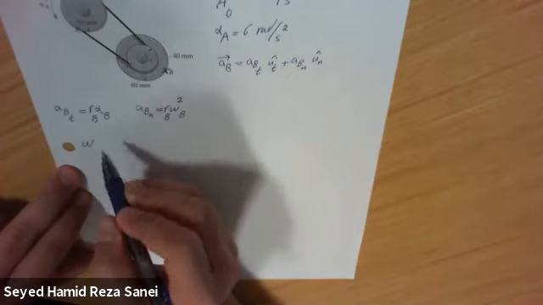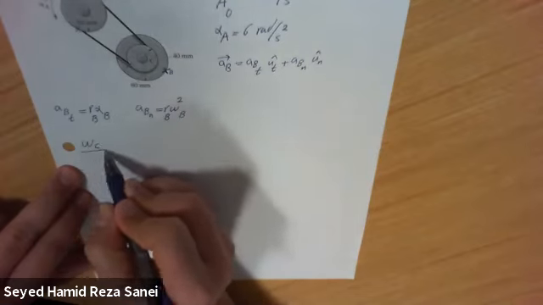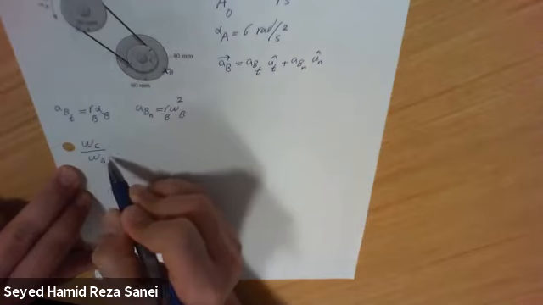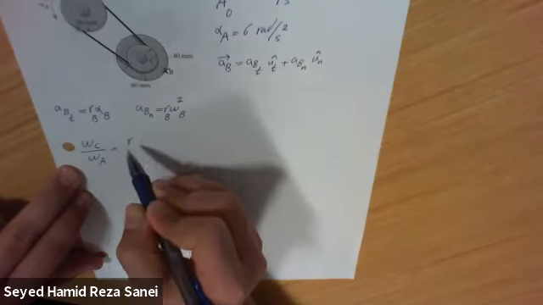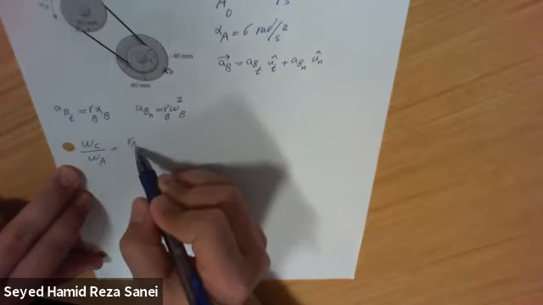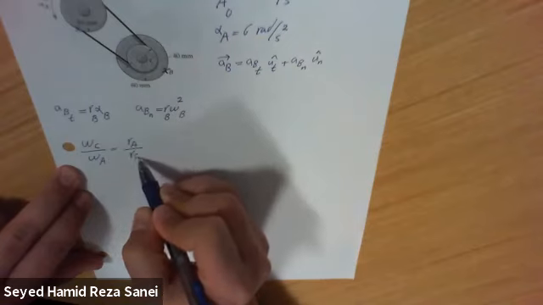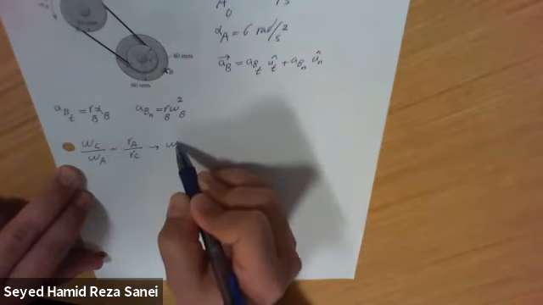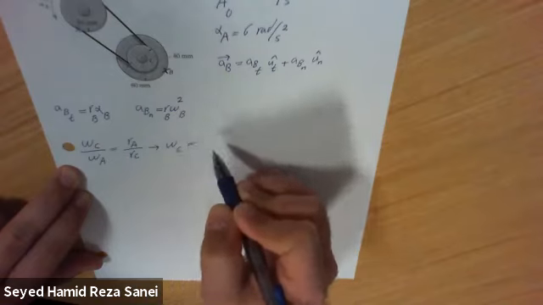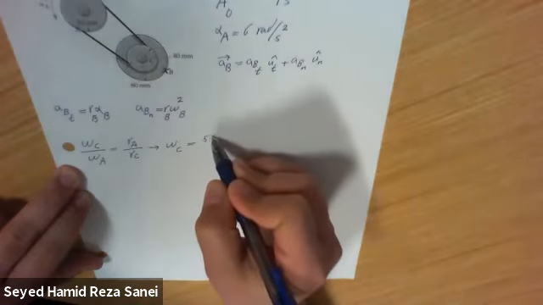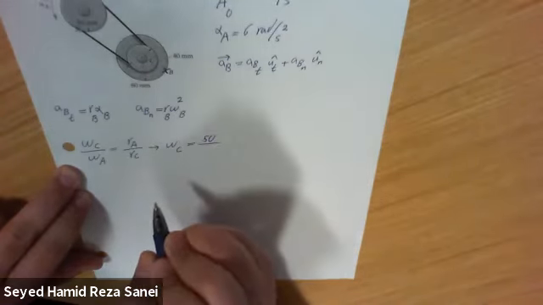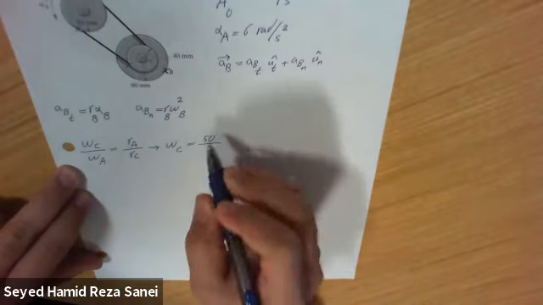So the gear equation is still valid. Omega C over omega A is R_A over R_C, inversely proportional. If I find omega C, R_A is 50 millimeter. Again, I'm not going to change the unit here. R_C is 40.